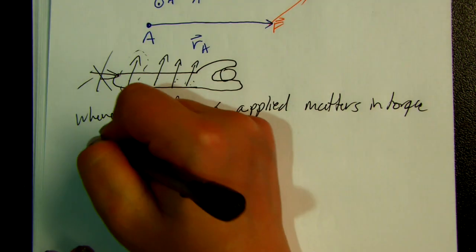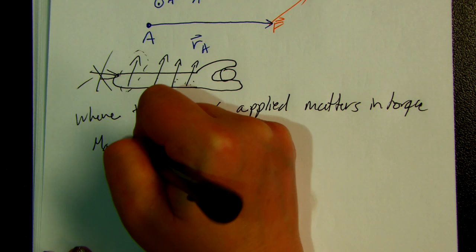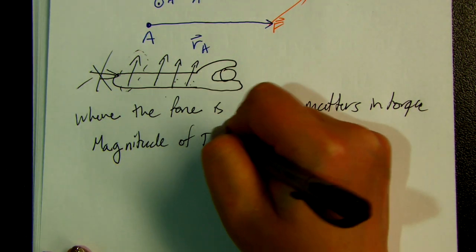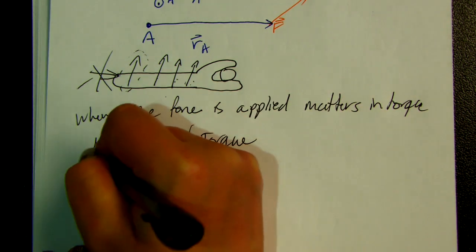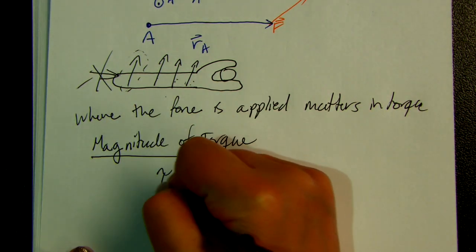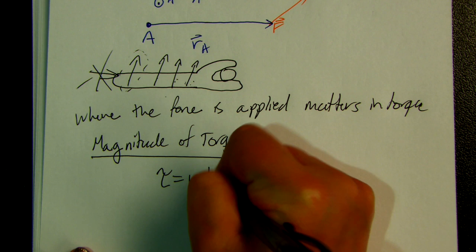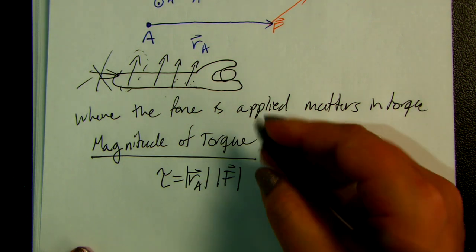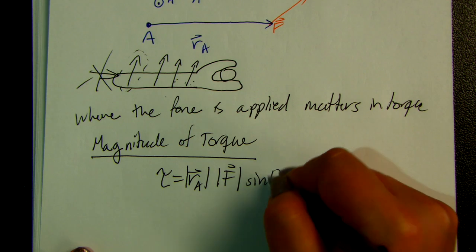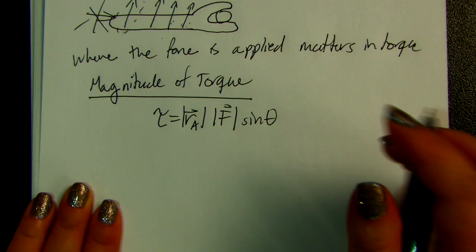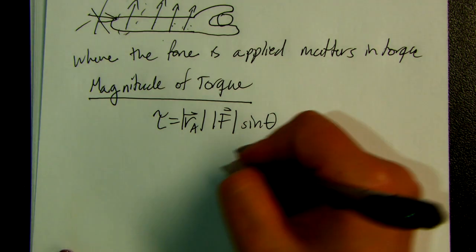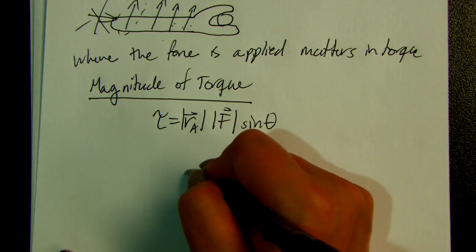Okay, so far we have a vector expression. Now let's write down a scalar expression for the magnitude of torque. So torque is equal to the magnitude RA times the magnitude of the force times sine theta of the angle between them. So, for example, let's draw a little wrench out again.